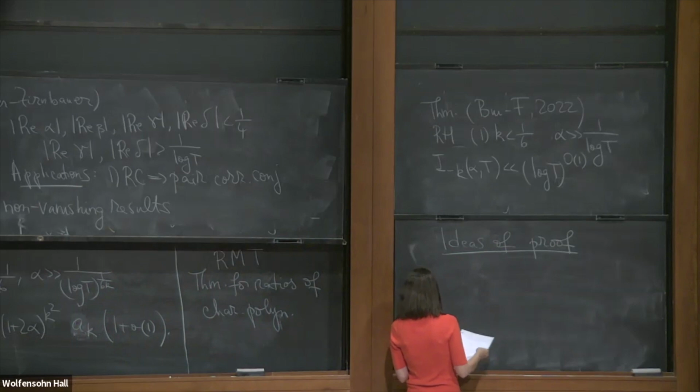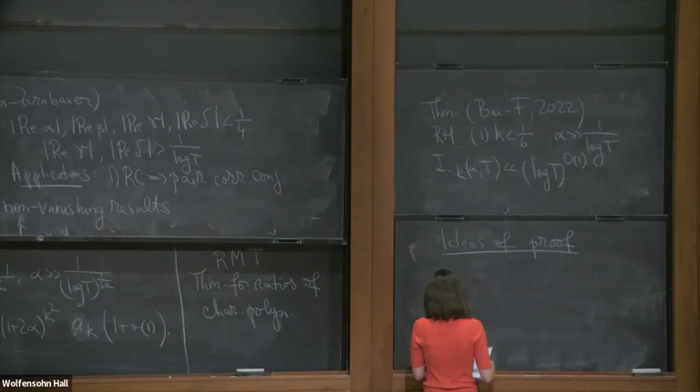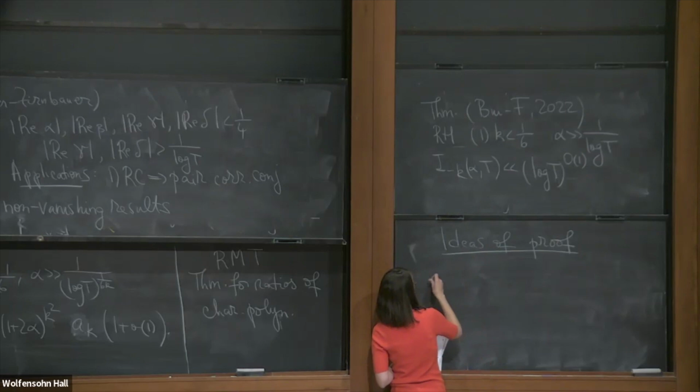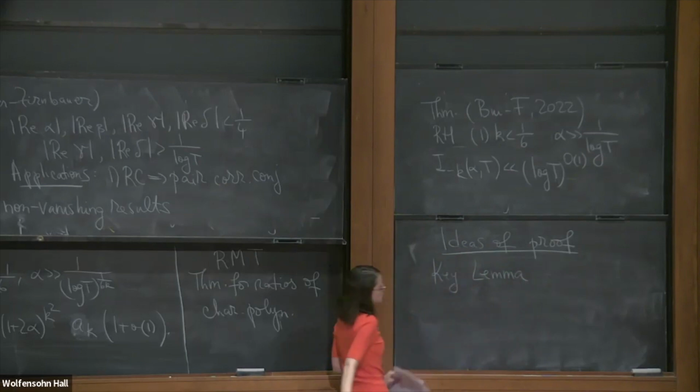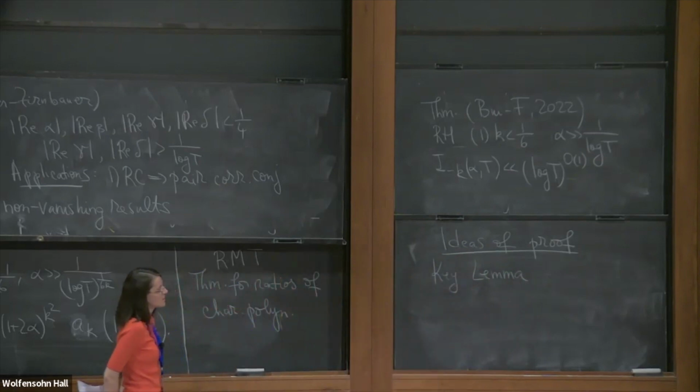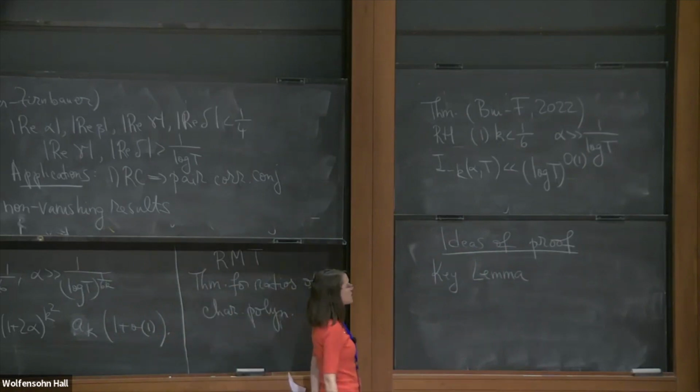Okay, so let me talk now about the ideas of proof. Here, we start with the key lemma. Many of the ideas of proof are similar to the work of Soundararajan and Harper for positive moments, but we will need one extra ingredient to deal with some of our cases.